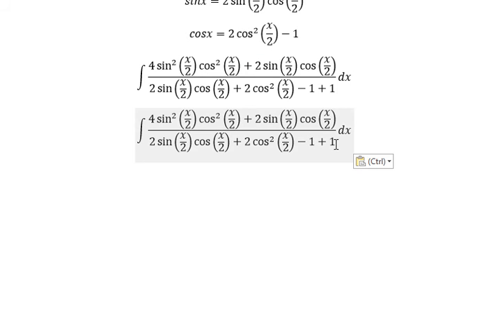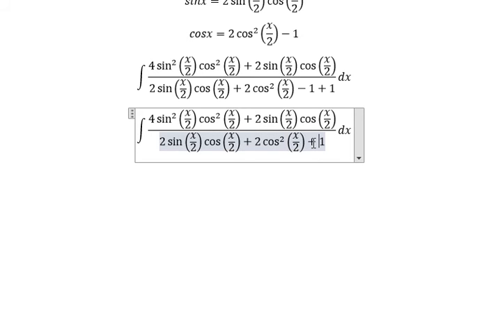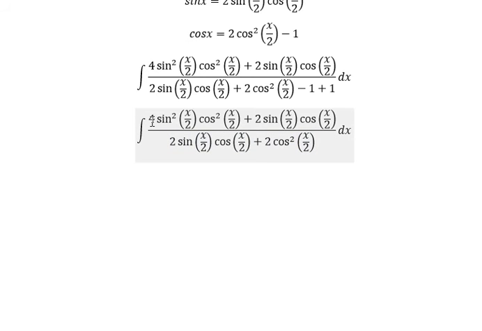Negative number 1 and we have positive number 1, we can solve. Next, we have number 4, 2, 2 and 2. We divide by 2.